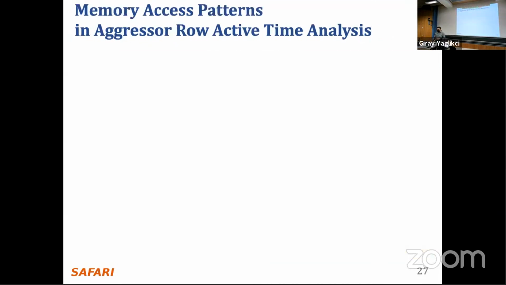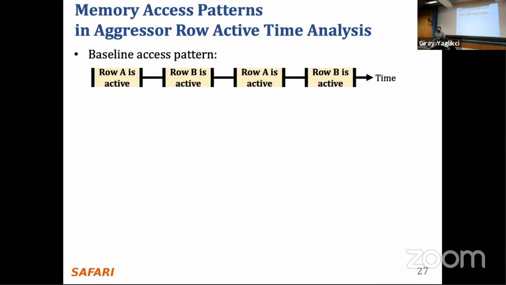To conduct this analysis, we conduct two sets of experiments. In the baseline, this is a timeline, and we perform row activations and precharge back to back. In the baseline, we activate and precharge aggressor rows as fast as the DRAM standards allow.